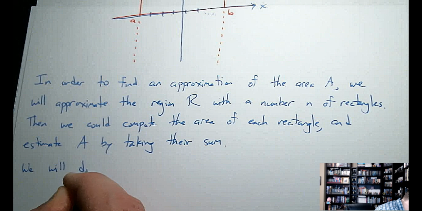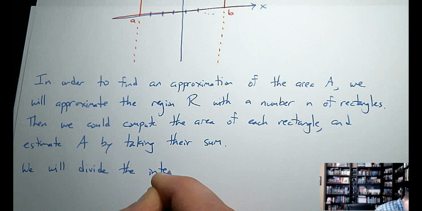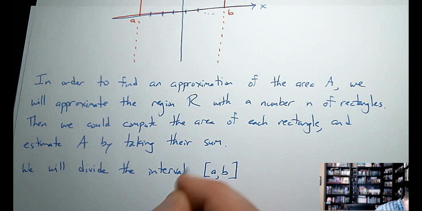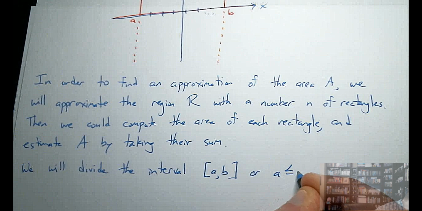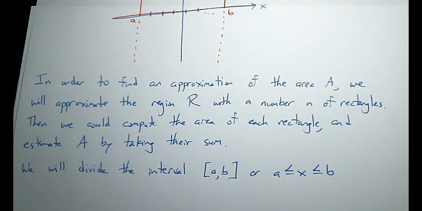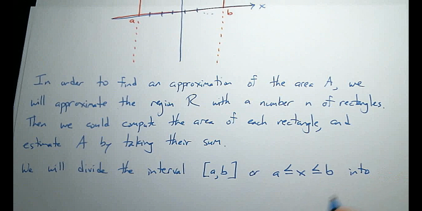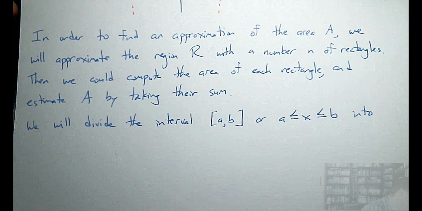So we're going to divide the interval [a, b], and it's a closed interval, so in other words, this is the same thing as a less than or equal to x, less than or equal to b, if you prefer inequality notation to interval notation. We're going to divide that up into, well, we want n rectangles, so we'll need n subintervals.